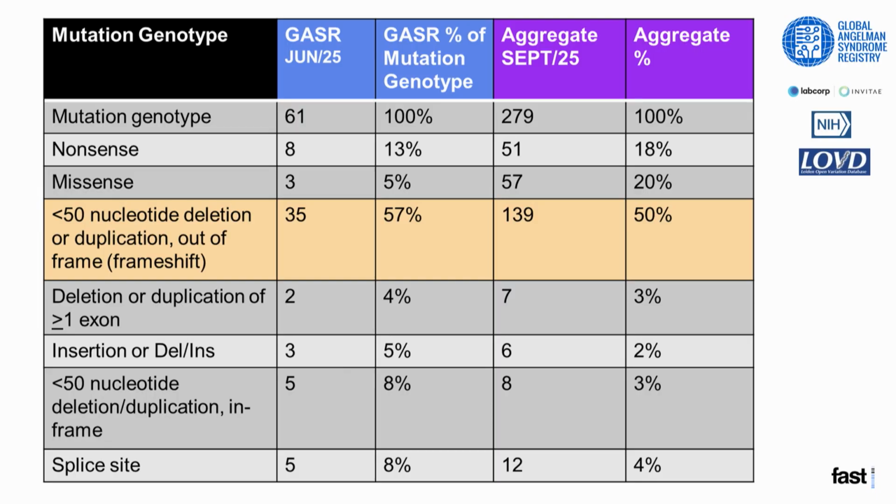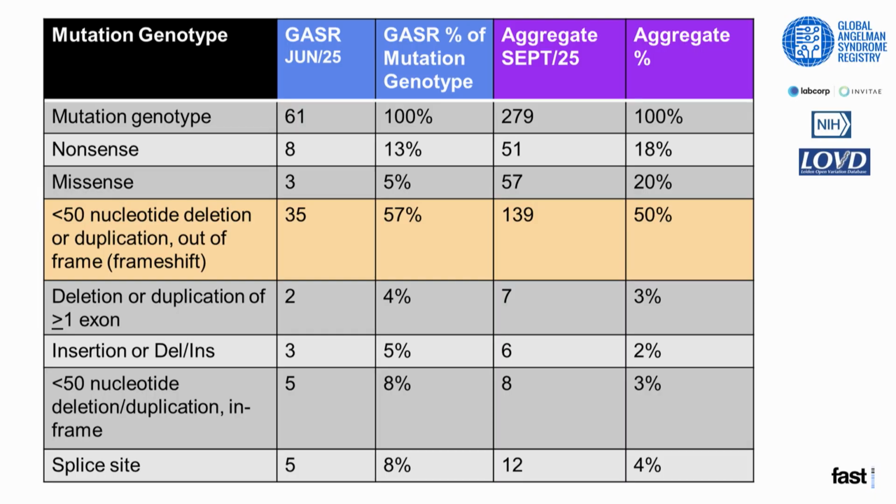So we know that mutation AS is really variable. It can affect each person living with mutation AS differently, with different degrees of symptoms and severities, and a lot of that has to do with the fact that each mutation can affect the protein differently. So we set out to better characterize the mutations. We started looking within the Global Angelman Syndrome Registry, and we had 61 participants there with the mutation genotype.